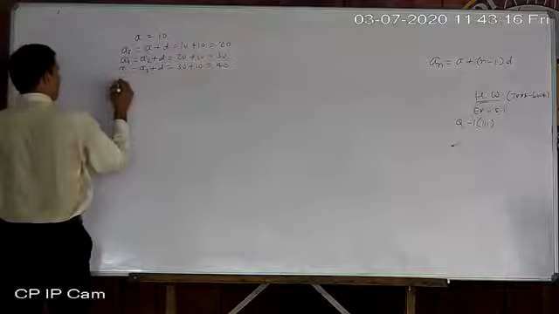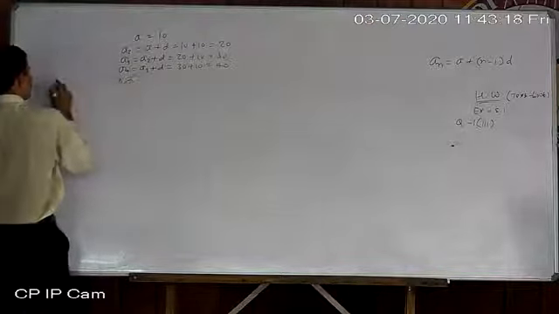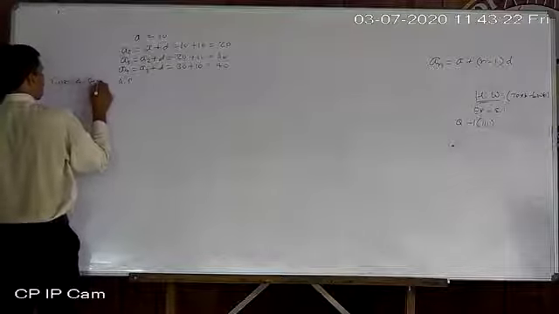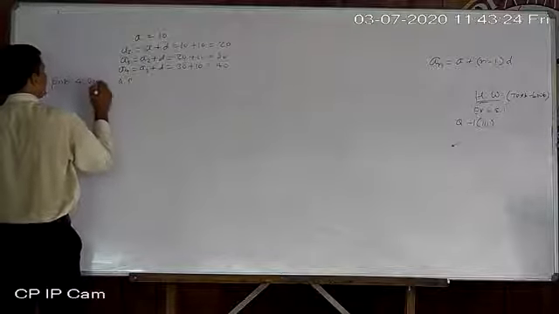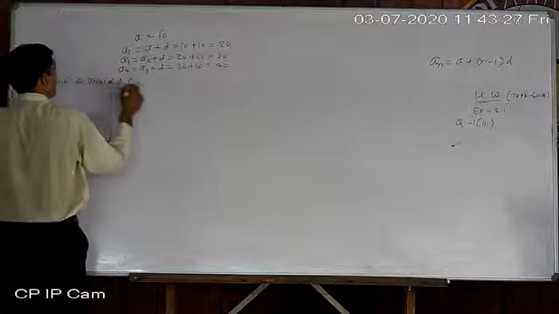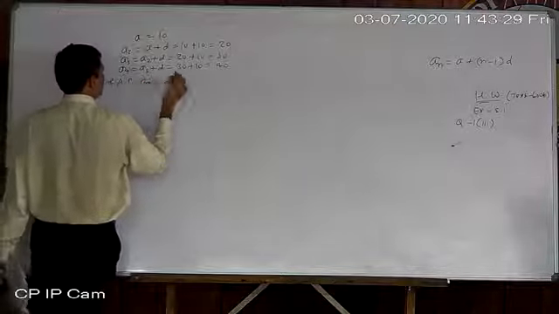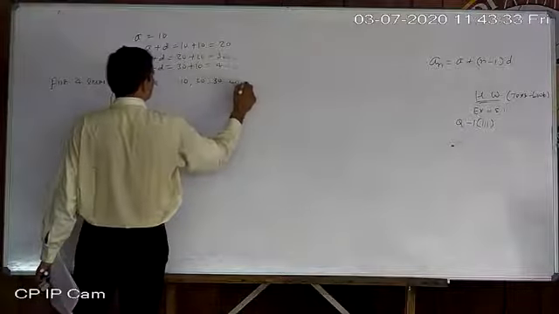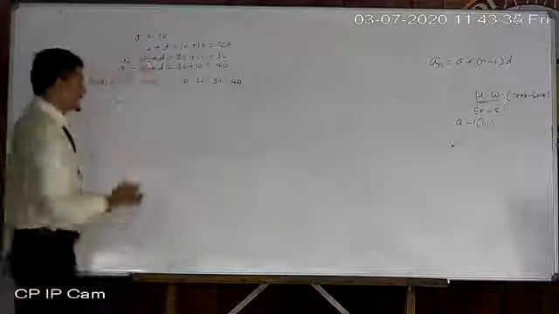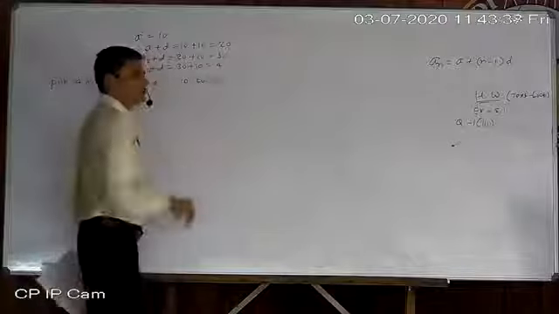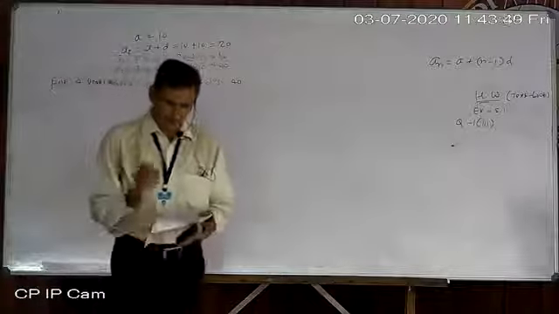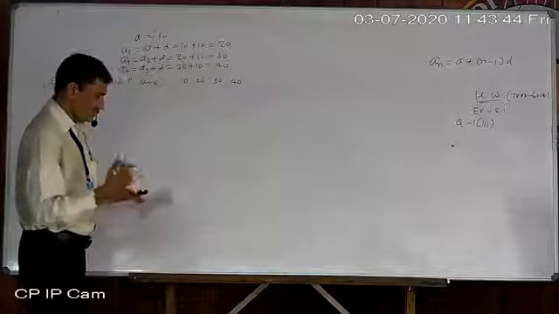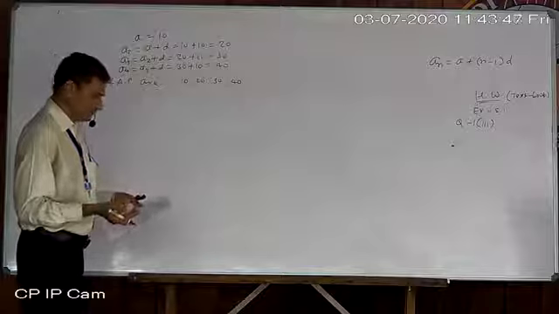So therefore, we have the first 4 terms of the AP: 10, 20, 30, 40. The remaining are not asked, so no need to write them. Now, the same way, you can find all the remaining ones.